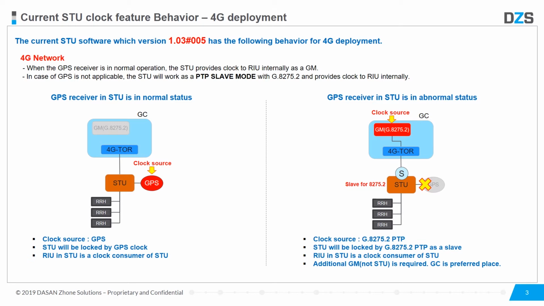Have a look at the pictures. The left side of the diagram indicates the general status of GPS connected to the STU, and the right diagram shows GPS that cannot function as the primary clock of the STU.